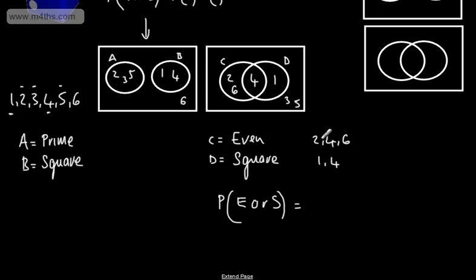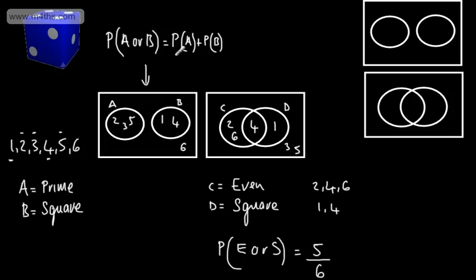Now that's going to give me here 1, 2, 3, 4, 5. So we would say that this is 5 out of 6 if we went ahead and used this particular rule. And that's why it doesn't work when we have these particular events here. So the mutually exclusive one works, but if they're not mutually exclusive, we don't do it.